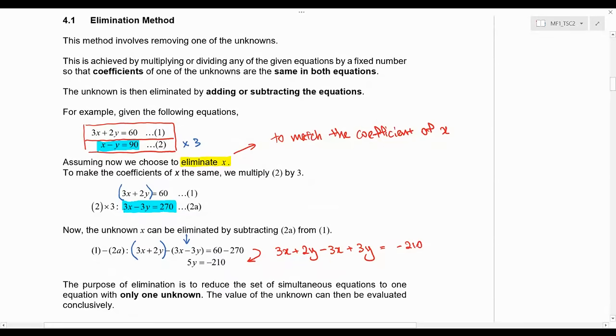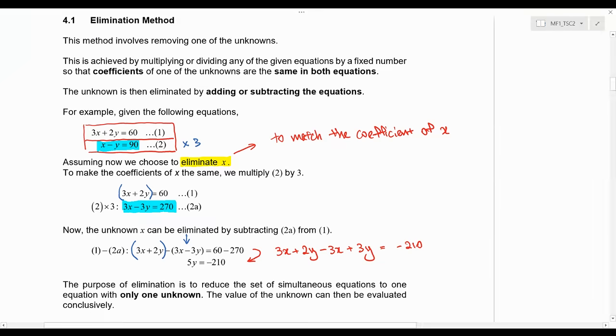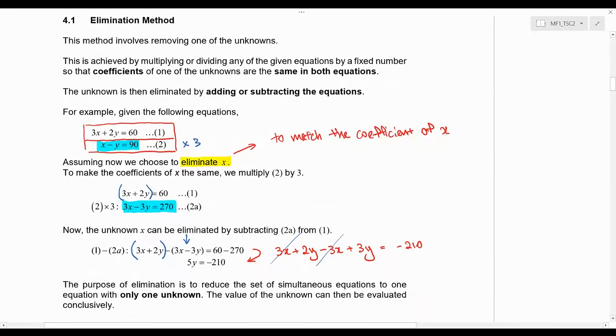Therefore, you can see that the 3x would cancel out with the 3x. So this and this is being deleted, whereas the 2y plus 3y will give us the 5y. It's a plus 3y, so be very careful when you open up the brackets.